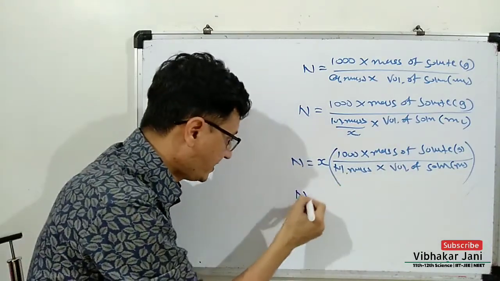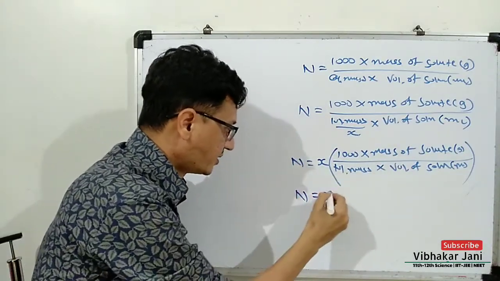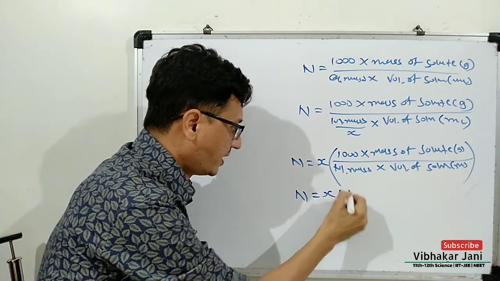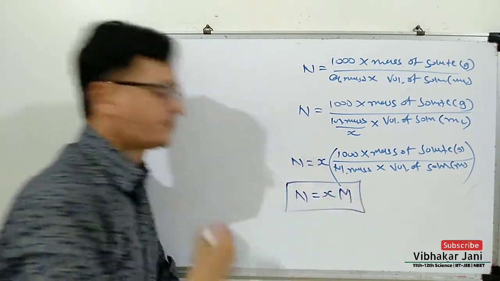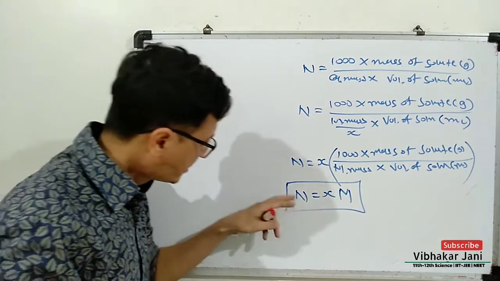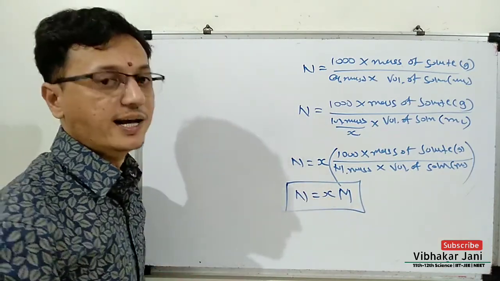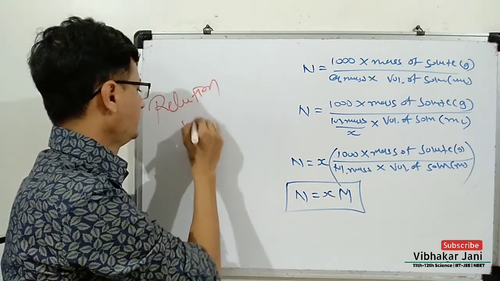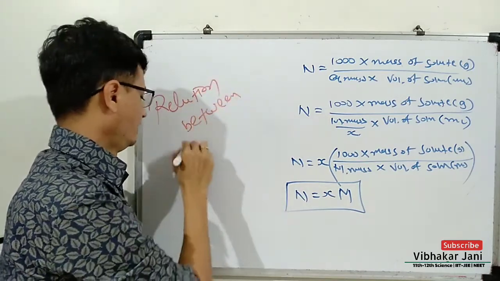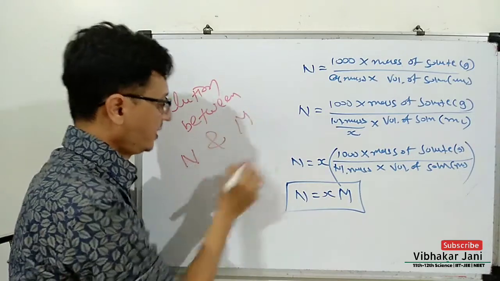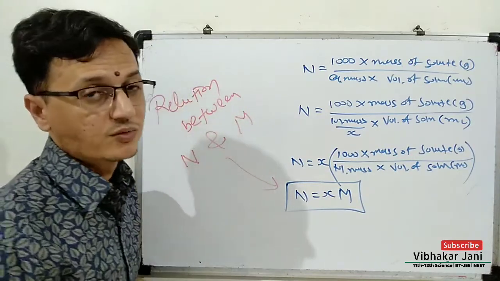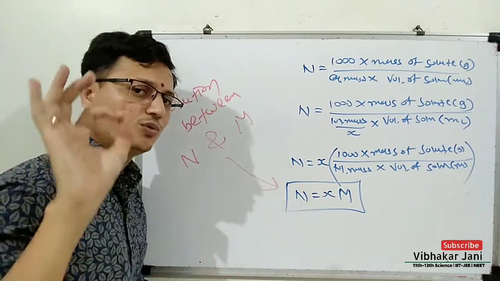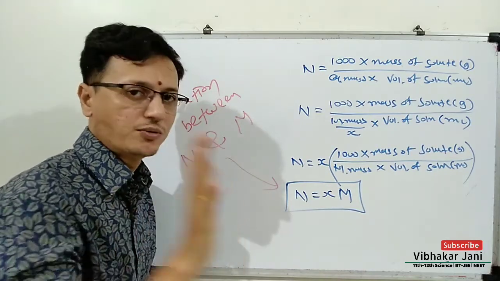So we can write it like this: normality is equal to X multiplied by molarity. So this is the relation between normality and molarity. Relation between normality and molarity is N equals XM. Now you have to remember this formula also. N equals XM.